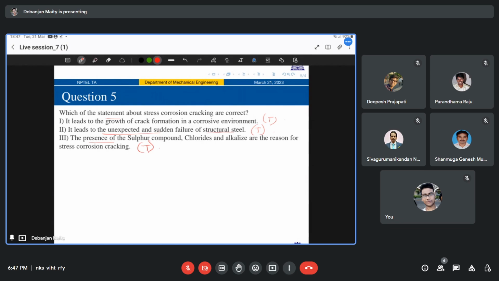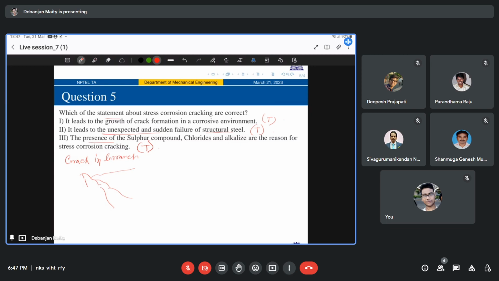So if you have some crack in a branch like this, let's say, and it has initiated and then it is getting propagated, like what happened in brittle failure, right? Within a corrosive environment, potentially leading to a catastrophic failure. Basically it appears like a brittle failure because of that crack propagation mechanism.